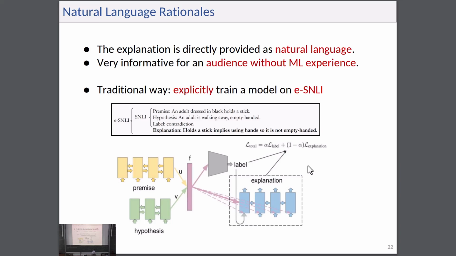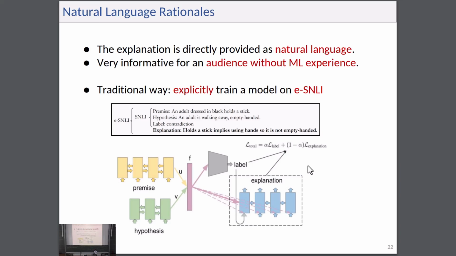Okay. Then not the last type, but definitely the one where I have the least to say, is natural language rationales, where very simply you want the model to give you a prediction and an explanation in the form of natural language. Why is this important? Because we've looked at feature attribution, we've looked at adversarial examples, and sure, we work in the NLP sector, we kind of understand what it means, but if we take a random person, it's like, okay, I don't know what that is.